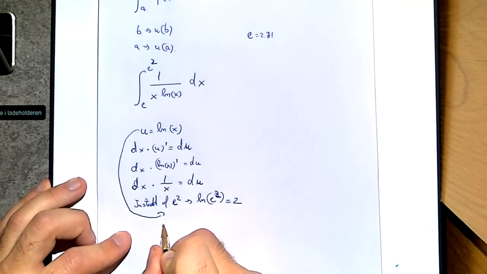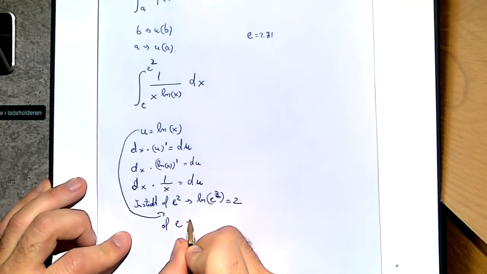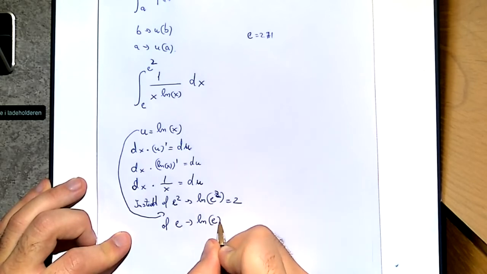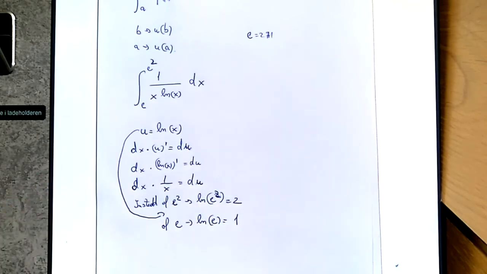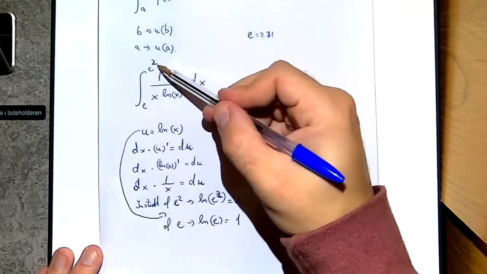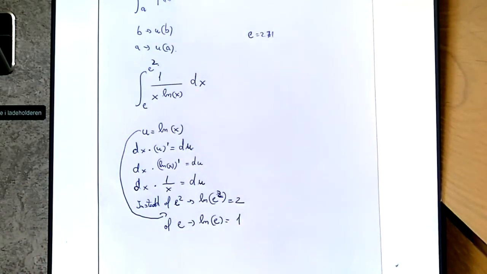And instead of e, I'm going to write log of e, which is 1. Obviously, if I had 1 million here, I would just write the log of 1 million. Makes sense?